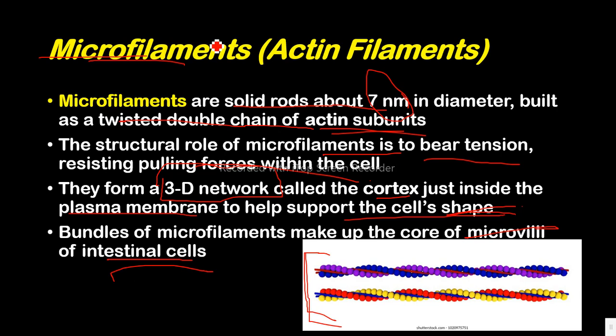So within the membrane, you form that highly coiled 3D network of actin filaments that maintain the cell shape, so that the cell does not easily collapse or burst, because we have seen that there are a lot of contents within the cell.